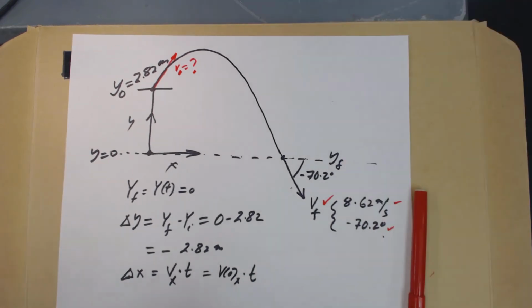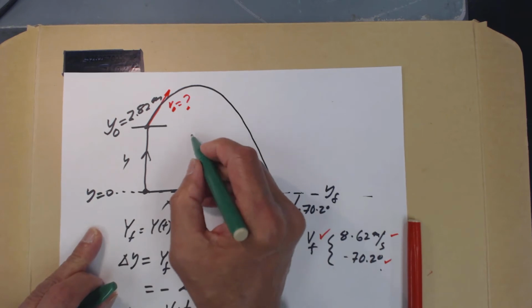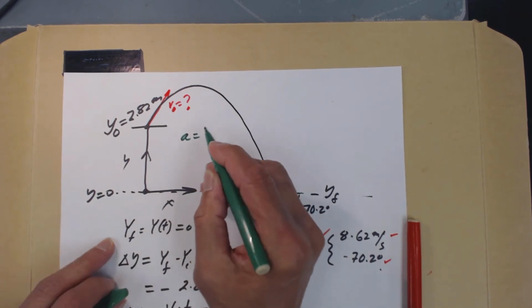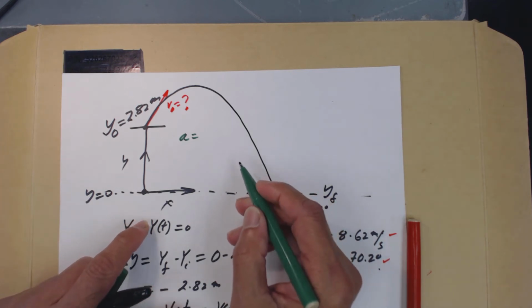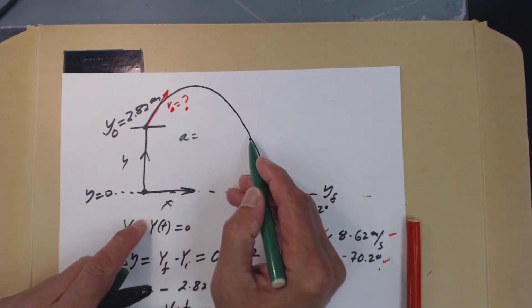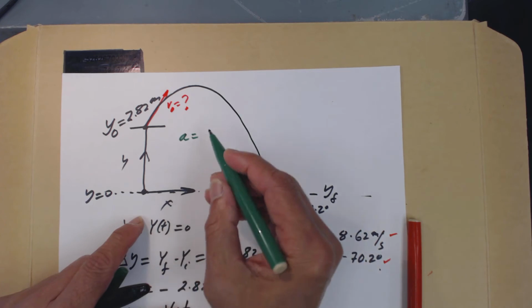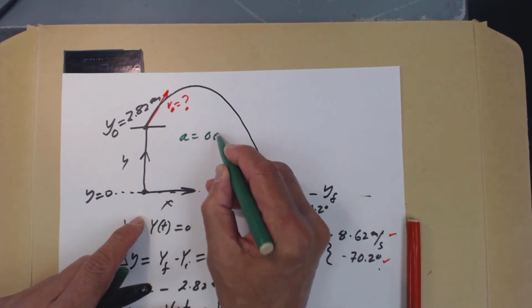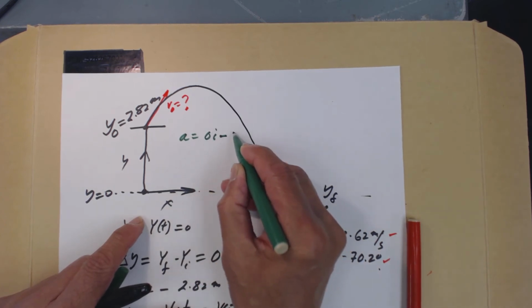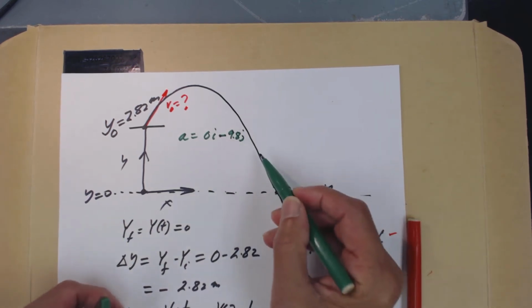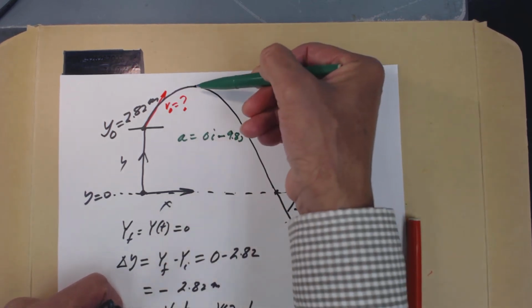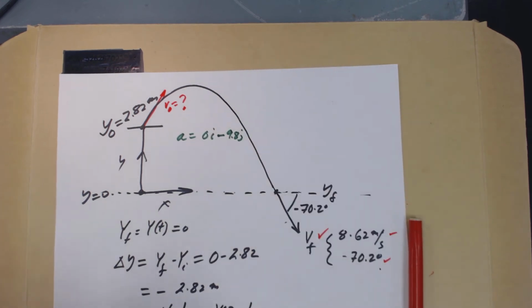What else do we know? We know that the acceleration vector A, I'm going to write two ways. Component form first: 0 in the x direction minus 9.8 in the j direction, in meters per second squared. So the A vector has only a y component.